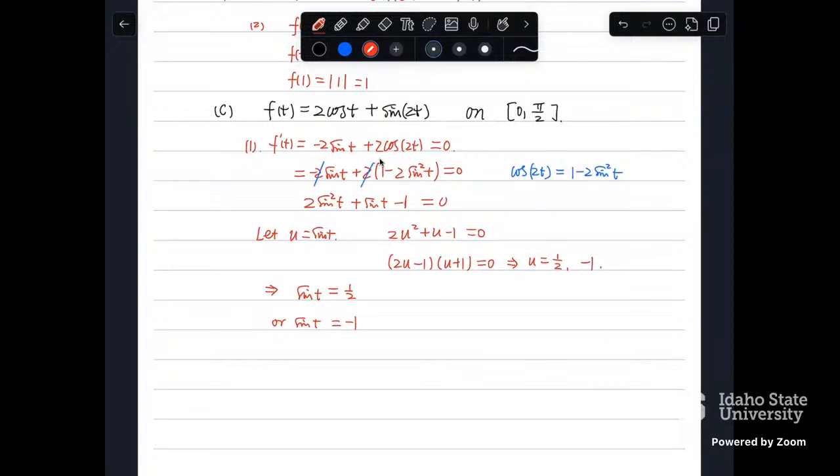This interval means the angle is in the first quadrant, and for the first quadrant, the sine of this angle cannot be negative. Sine of this angle is always positive if the angle is between 0 and pi over 2. So this won't give you any solution in this interval. So you can ignore this one, okay?